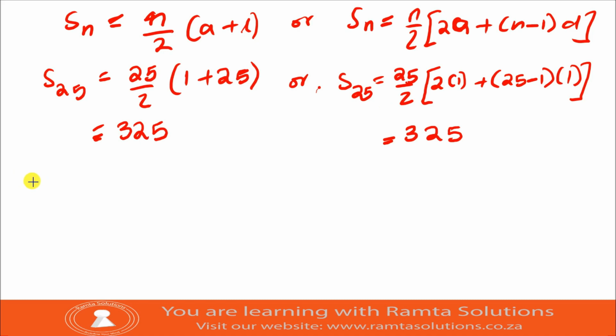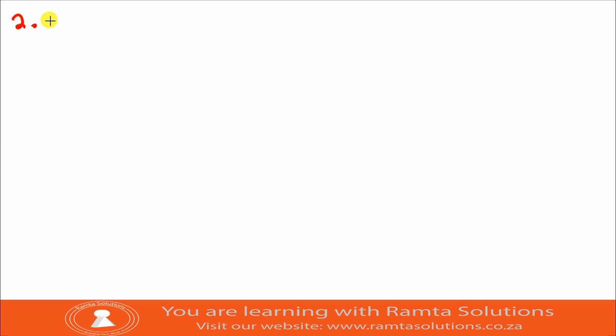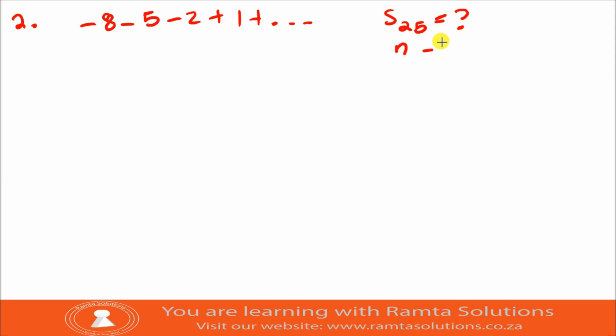Number two is minus 8 minus 5 minus 2 plus 1 and so forth. Again, we are looking for the sum of the first 25 terms. The number of terms is 25. Our first term is minus 8.